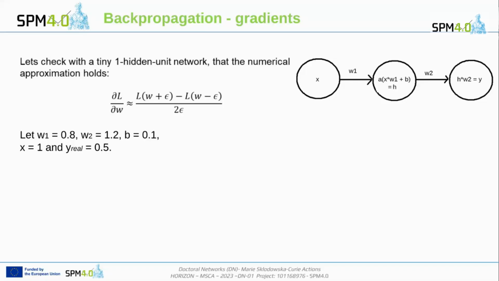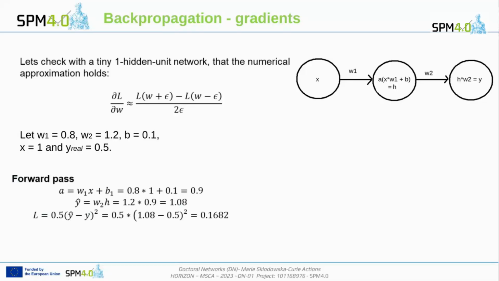So the goal is to compare the backpropagation calculation to a numerical approximation for this really tiny network. Let's give random values, for example these, to the weights and the bias, and let the input be 1 and the real value of y is 0.5, let's say. So the forward pass: we get the output from the value of x.